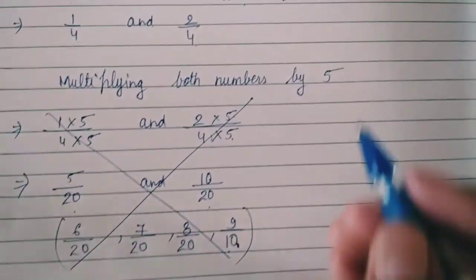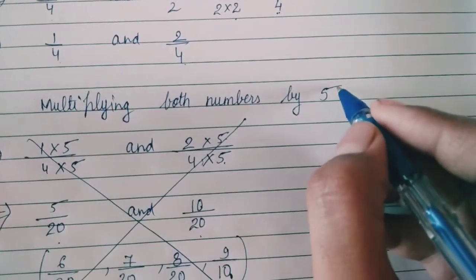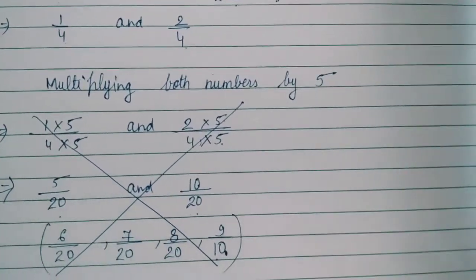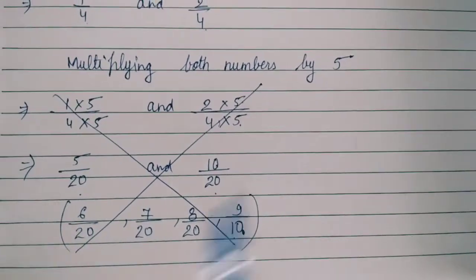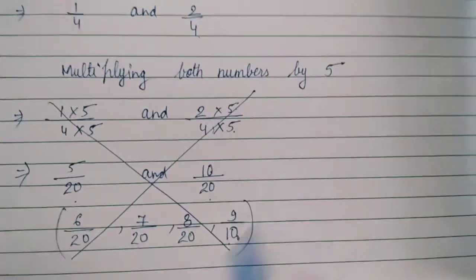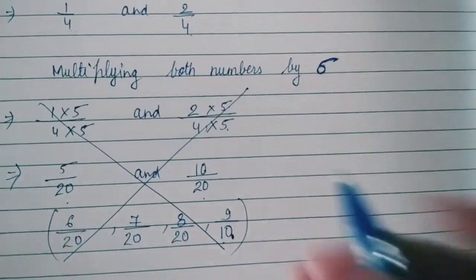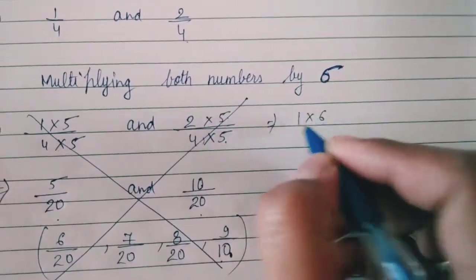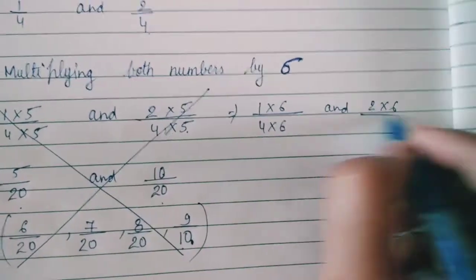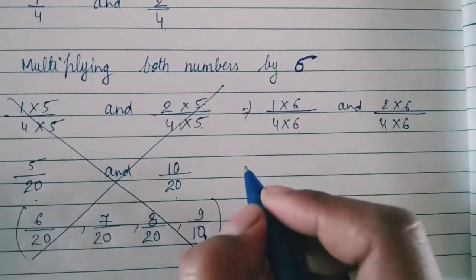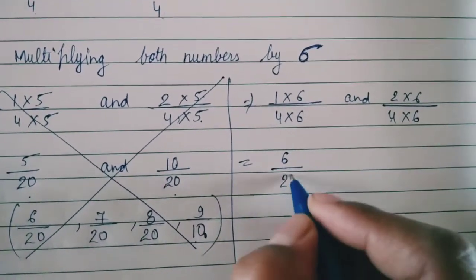So for getting 5 rational numbers in between 1 upon 4 and 2 upon 4, we will multiply by more than 5. In the case of 5 we have only 4 numbers, that's why we will multiply by 6. The same process we will follow. Now 1 into 6, 4 into 6 and 2 into 6, 4 into 6. 1 into 6 is 6, 6 4s are 24.